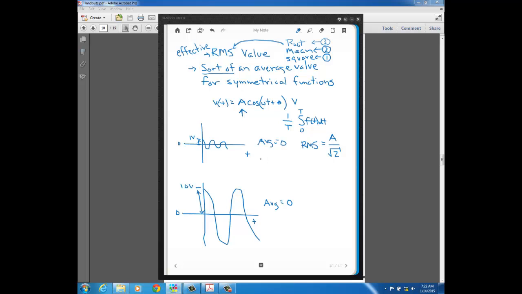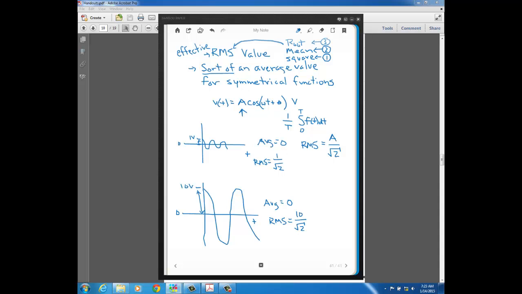Now I do have a value that's descriptive and gives me information, because I can clearly see that this waveform is much larger than this one, and with this value I know it's 10 times greater than that one in amplitude. The RMS value will reflect that: the RMS for this small amplitude sinusoid would be 1 over root 2, and the RMS for this much larger, in fact 10 times larger, sinusoid is 10 over root 2.